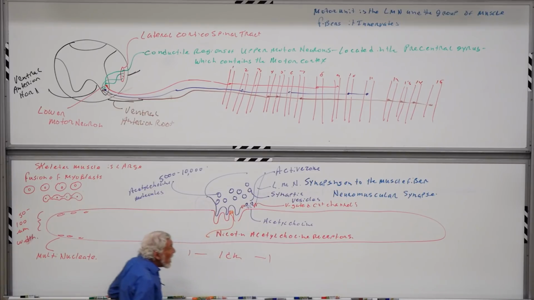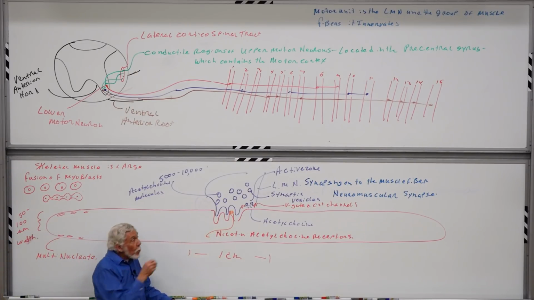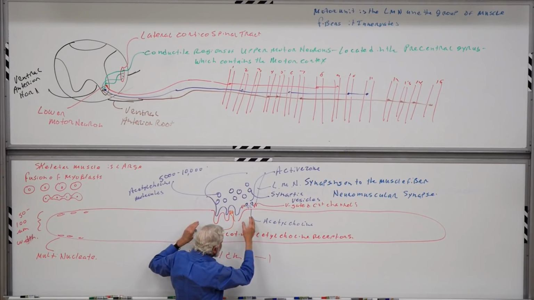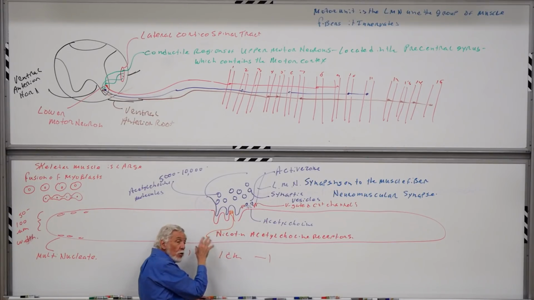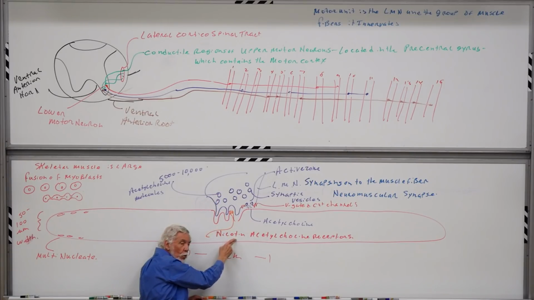These are the very same receptors that Langley observed when he used his camel's hair brush and he marched along the muscle fiber and he reached the site where the lower motor neuron met the muscle fiber and the muscle contracted. The reason the muscle contracted was because the nicotine bound to these nicotinic acetylcholine receptors.